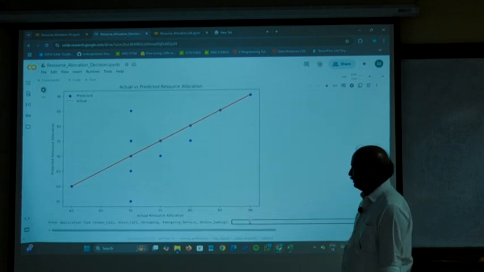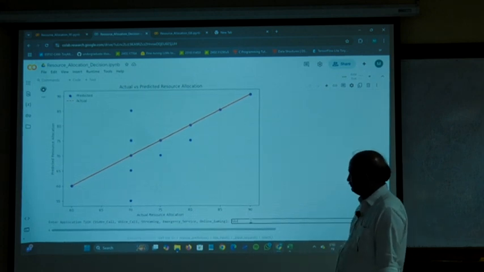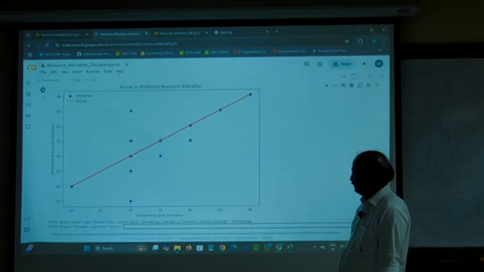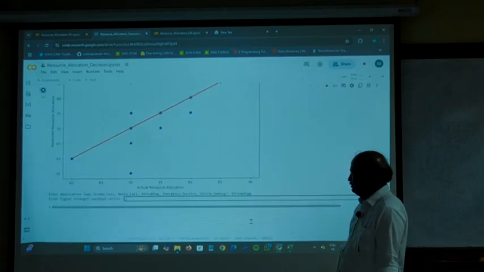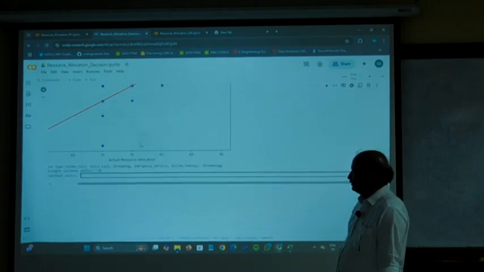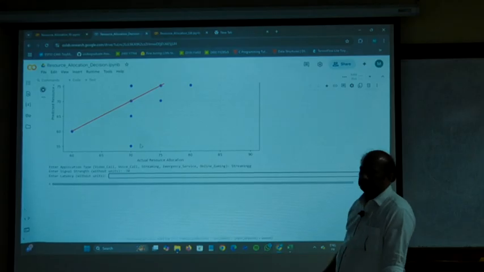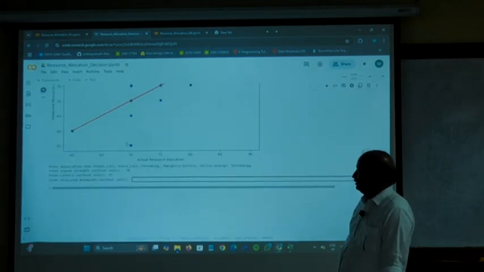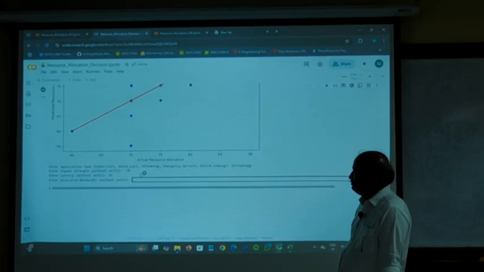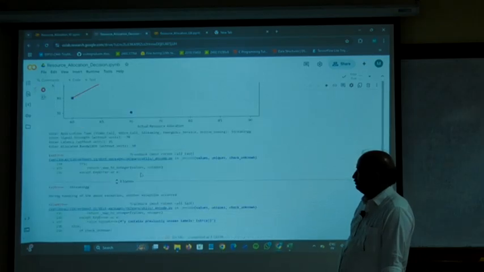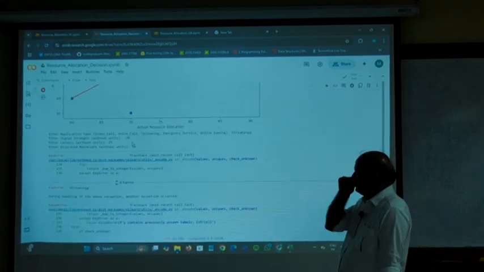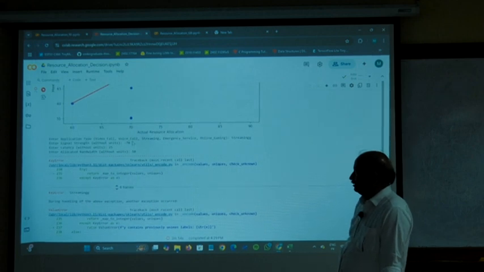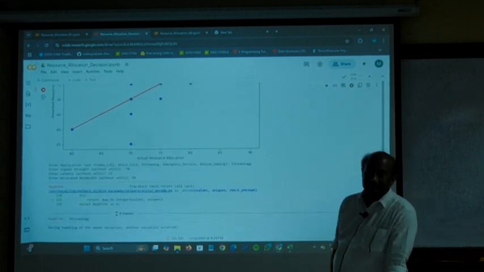So you can apply it for streaming. Signal strength of 70 if you take it, and latency around 12 or 25 you can take. So allocated bandwidth will be some 50. As you can see, the values we have taken and the training set are not the same.